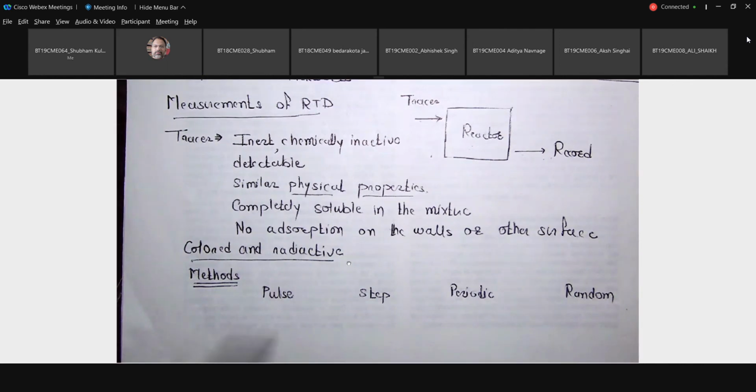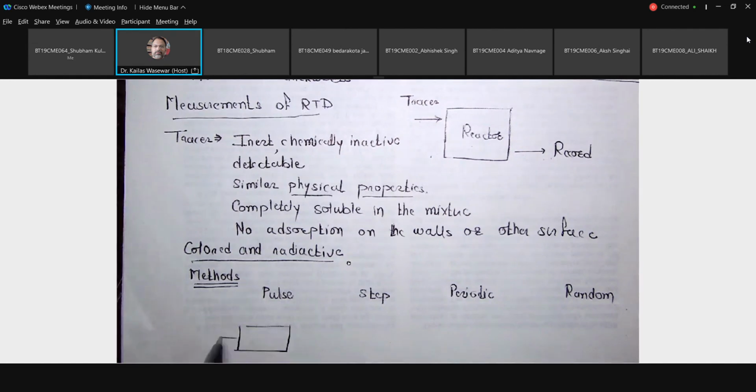In a pulse input, for a very short time, we are just putting in a small amount of tracer, and then it will flow through and there will be the measurement.